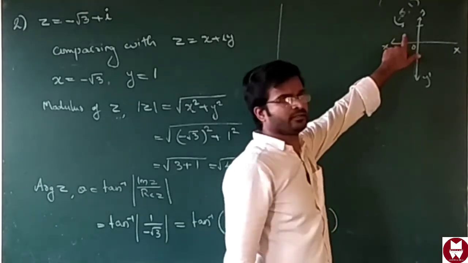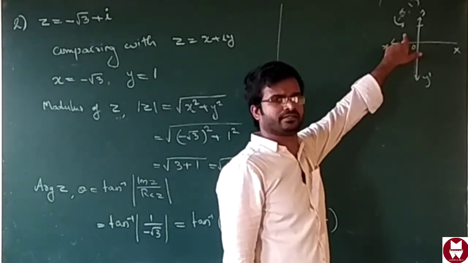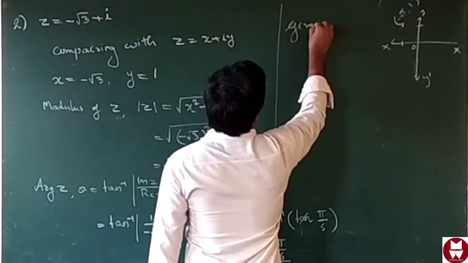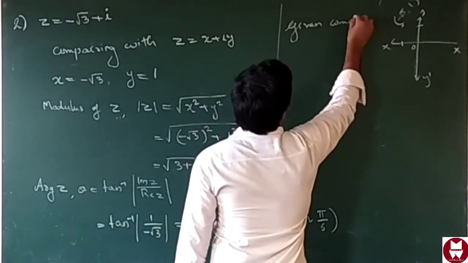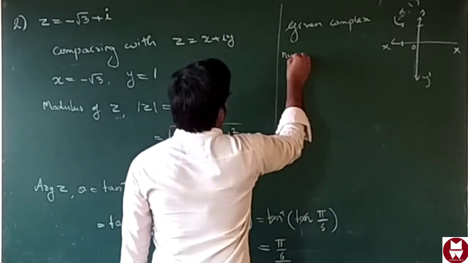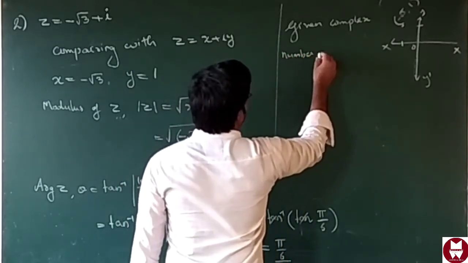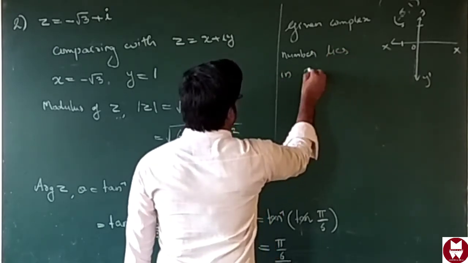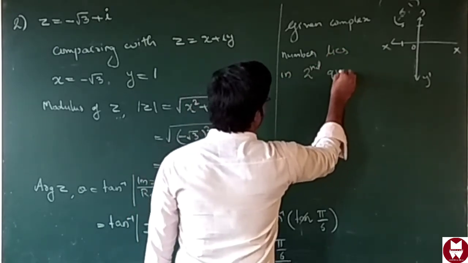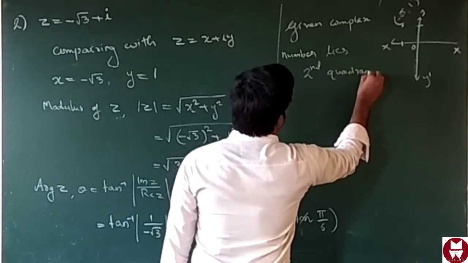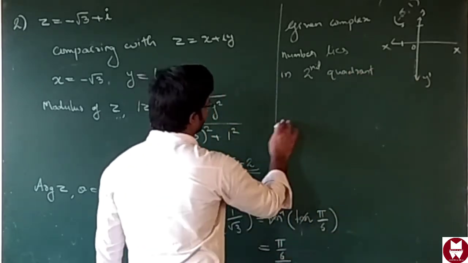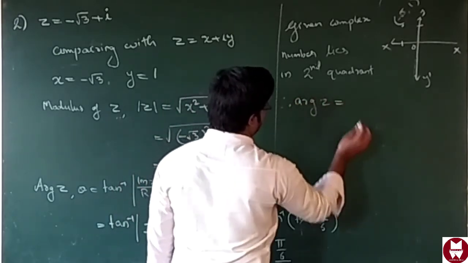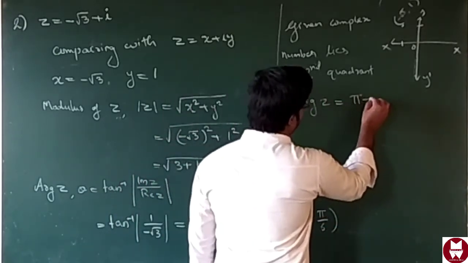In the second quadrant, what is the argument? We can write the given complex number lies in the second quadrant. Therefore, the argument of z can be written as pi minus theta.